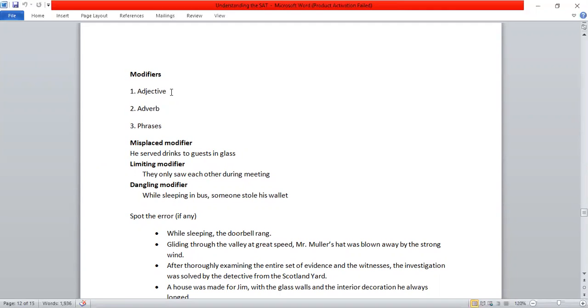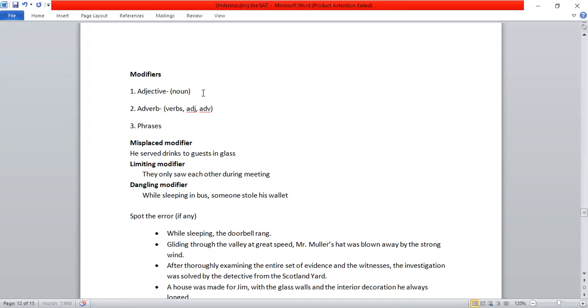Just to brief you a little, an adjective is anything that gives any description or quality to a noun. An adverb gives all the extra information to verbs or adjectives or another adverb. So anything that gives that description part.